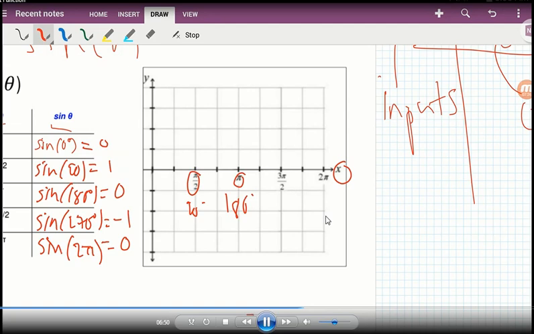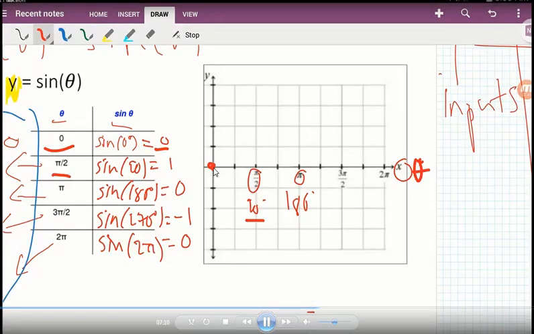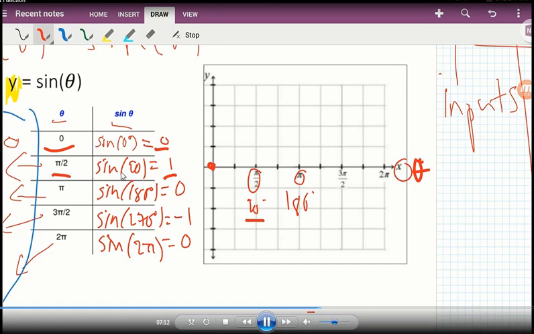2 pi equals 360. And so all that really happens now is I'm just going to plot these points, basically what I figured out. 0, comma, the answer, which is 0. Pi over 2, comma, 1. Right, so 0, comma 0 would be that point right there, because that means I don't move. I am exactly at the origin. Pi over 2, comma 1.